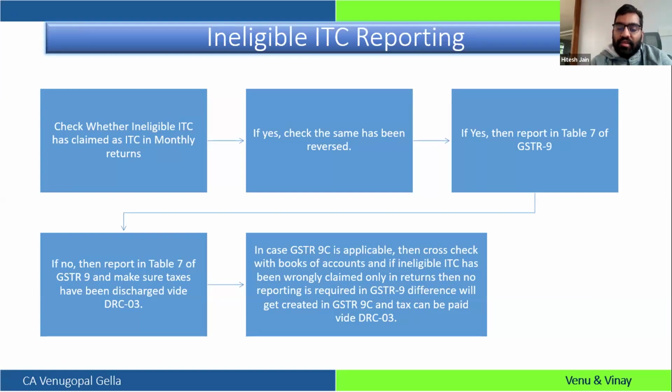And if such ITC has not been accounted in his audited books of accounts, but has only been wrongly claimed in the monthly returns and not reversed, then my approach would be to create a difference in table 12 of GSTR 9C, because my ITC as per audited books will definitely be lower by the amount of ineligible ITC claimed in the total ITC in the annual return. So automatically I'll get a difference, and in the reason for such difference, I can quote my DRC and file my GSTR 9C.